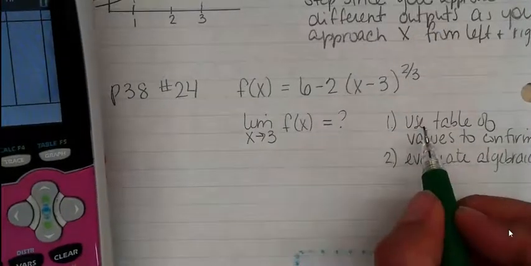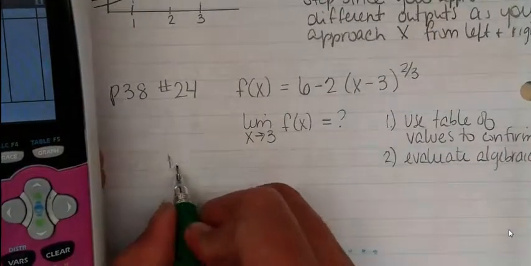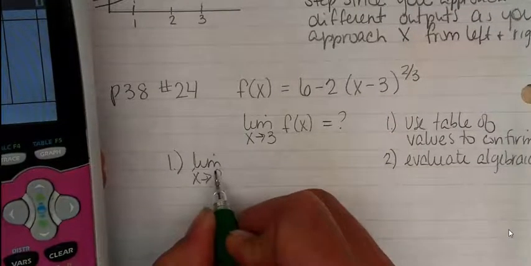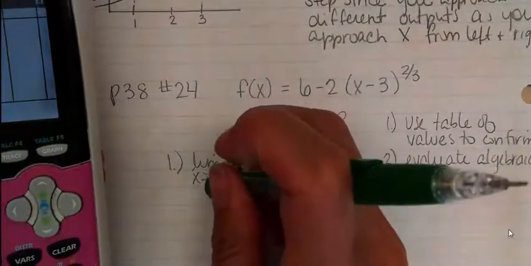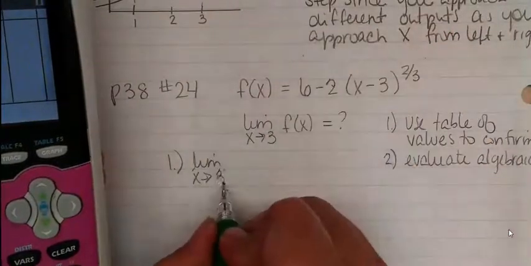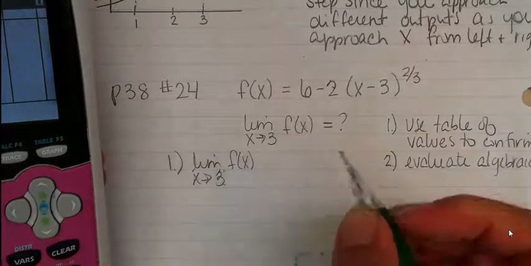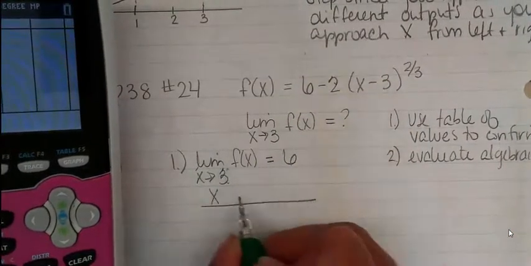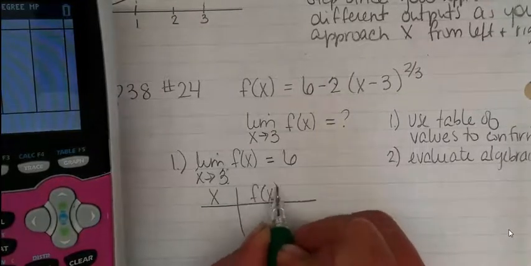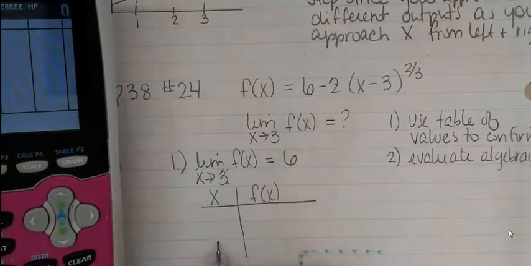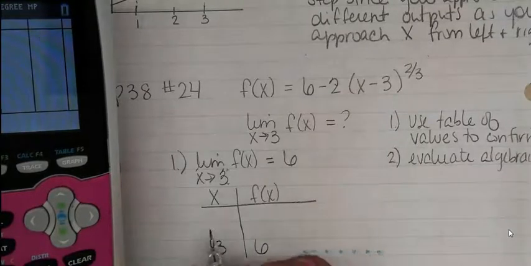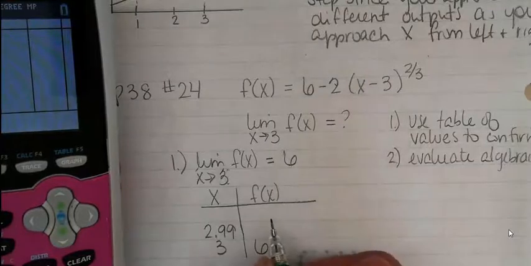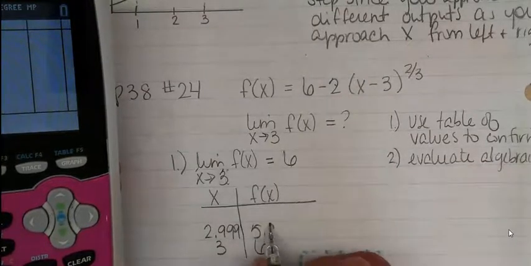So using a table of values, I'm going to say that the limit as x goes to 3 of f of x equals 6. And that's because I have this table of values where I know that, so here's 3 and this is 6, but at 2.99, I had 5.98.